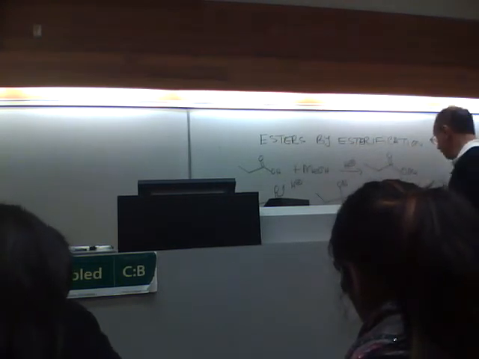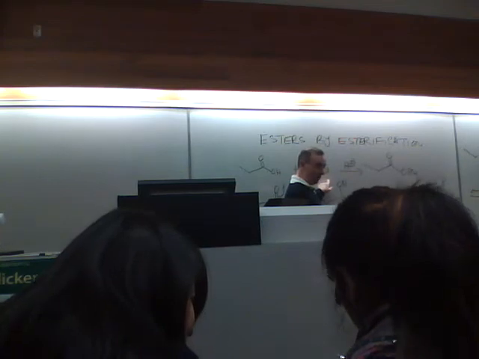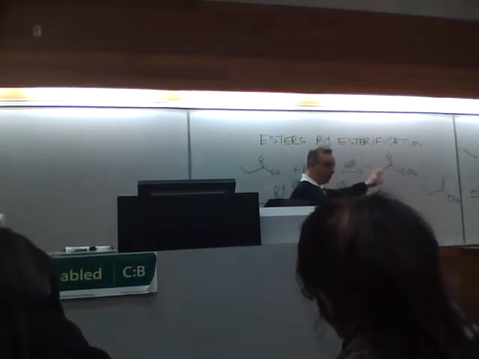What you do is you use an excess of one of the components. And the alcohol, if you use that in excess, it drives the equilibrium over almost completely to the side of the product.